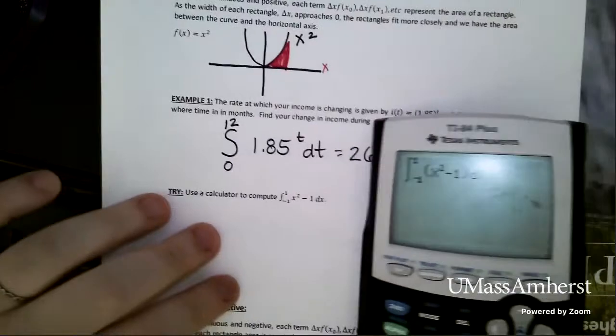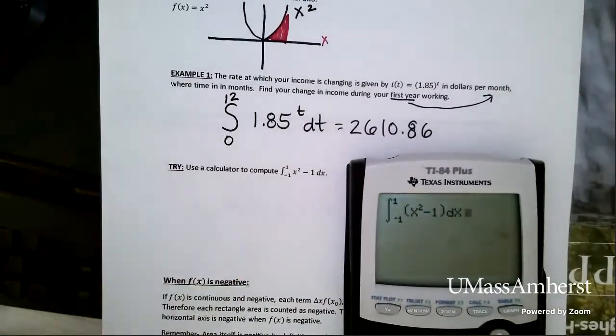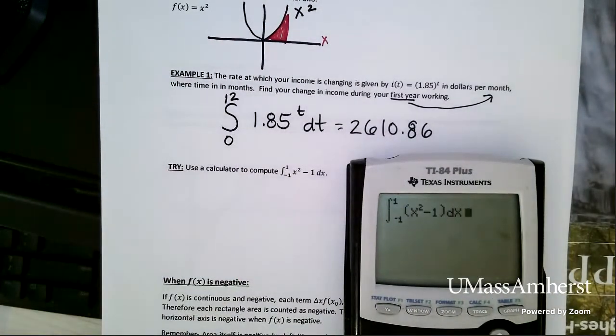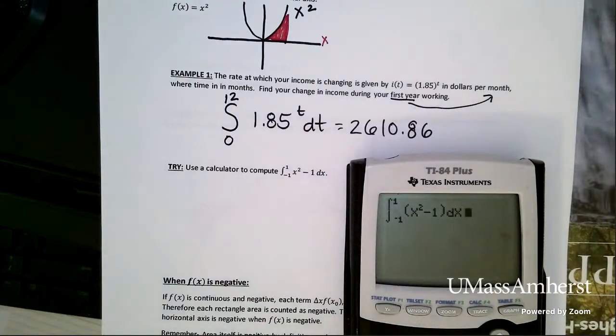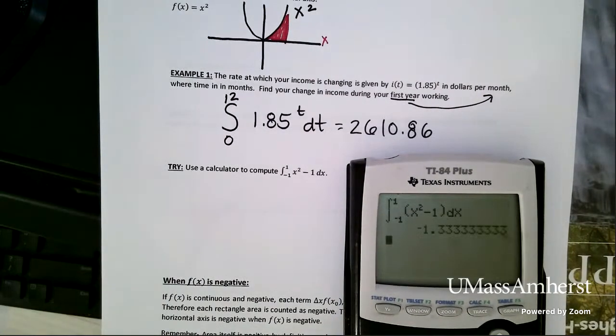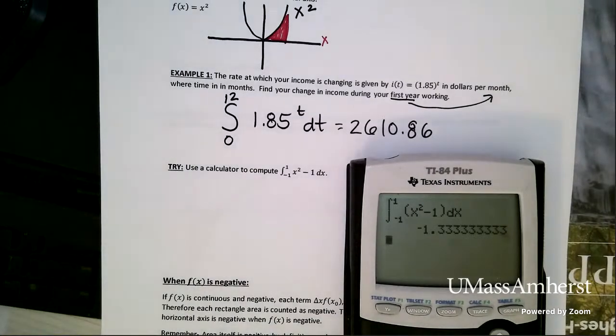Okay. So I have the integral from -1 to 1 of x squared minus 1 dx. When I push my enter button, I get -1.33333, so -4/3.